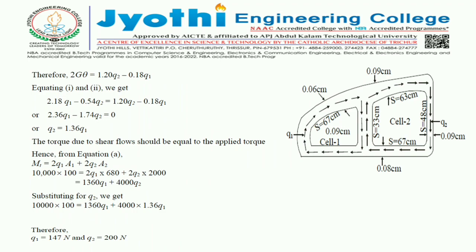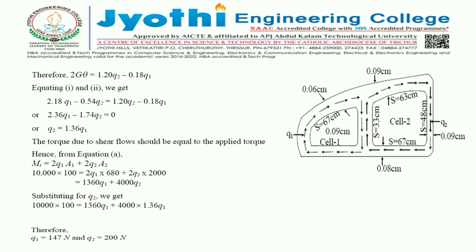Comparing the 2G theta equations of cell 1 and cell 2, the left hand side of both equations is 2G theta, so we can equate them.